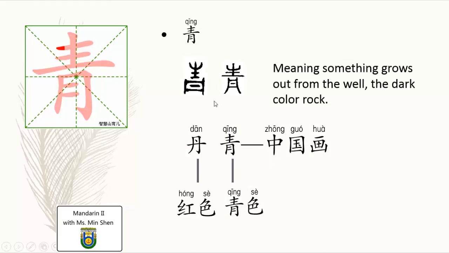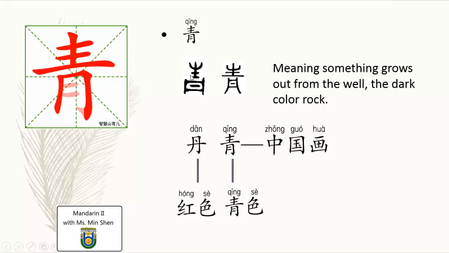青, what is that? You can see in this character, it's a square and one dash in there. So this square means it's a hole on the ground with something in it, or it's a well. And above this well, this looks like the young sprout.